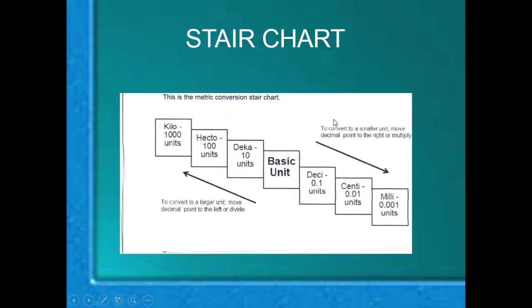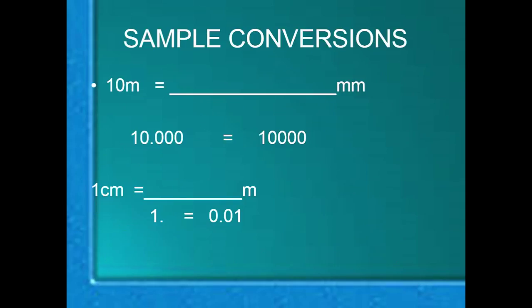Okay, so let's look at our chart. We're going from meters, the base unit, to milli. How many steps do you take down your scale? You go 1, 2, 3. So we are moving down our scale, and when we move down our scale, we need to move our decimal place to the right. Here's our decimal.